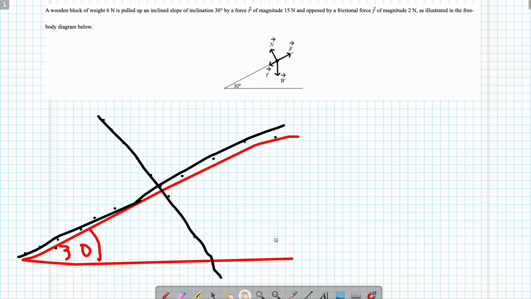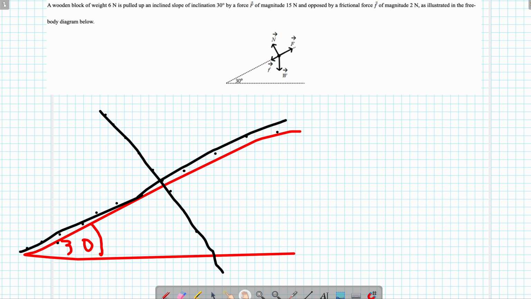Okay. So, from what we can see from the picture, we have the normal up, like this. To the right here, we have the force F, which is 15.